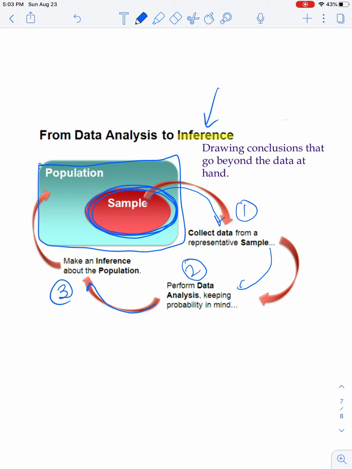And then we're going to draw some conclusions about the sample and project those conclusions to our population. So it makes really good sense that we need to get a really good sample that's very representative of our population, because our results, our inferences, are going to be projected onto our population.